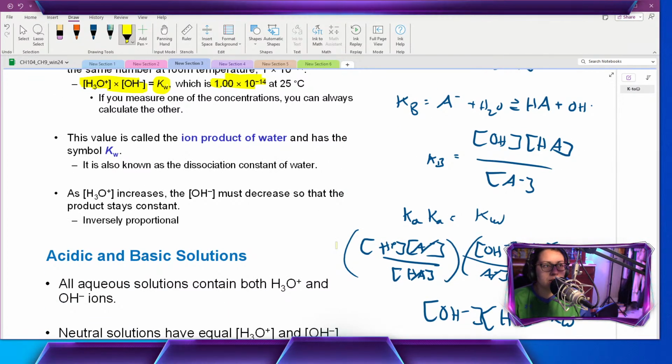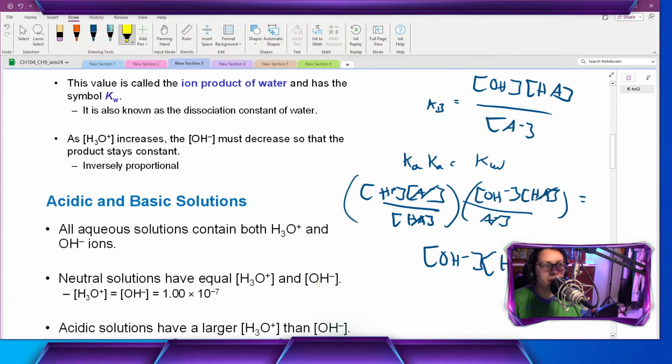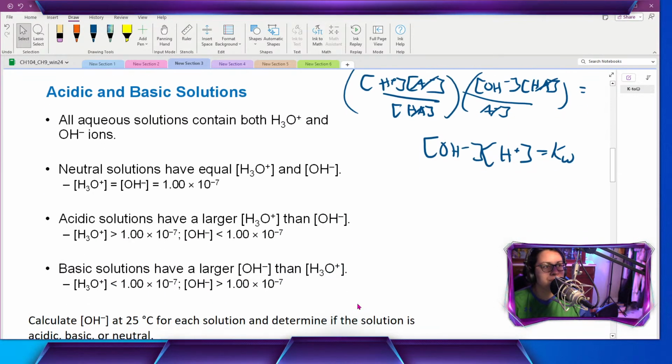This is also known as the dissociation constant of water. We also want to notice that they have an inverse relationship. As one increases, the other decreases. And we'll put that into the math for our acid-base solutions.